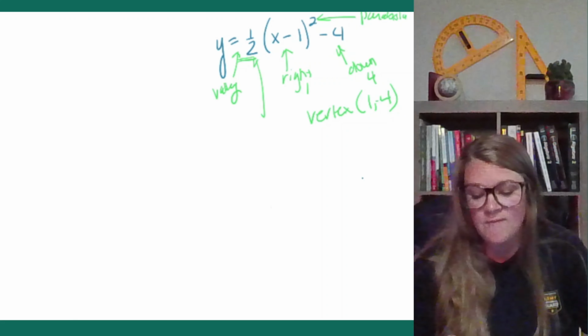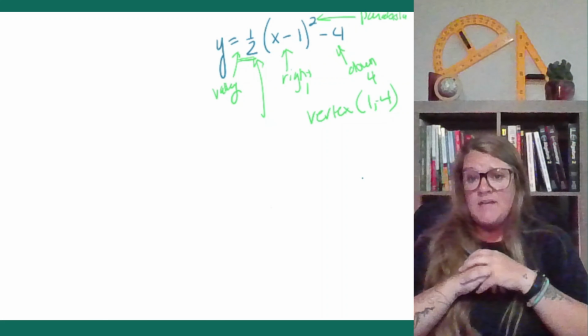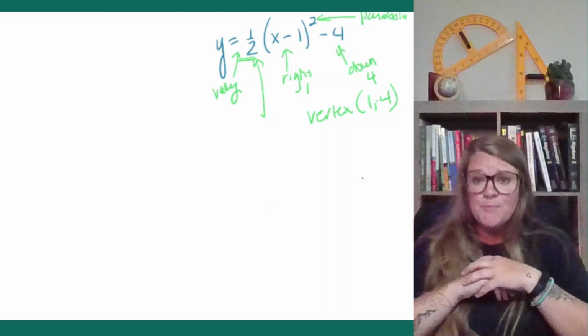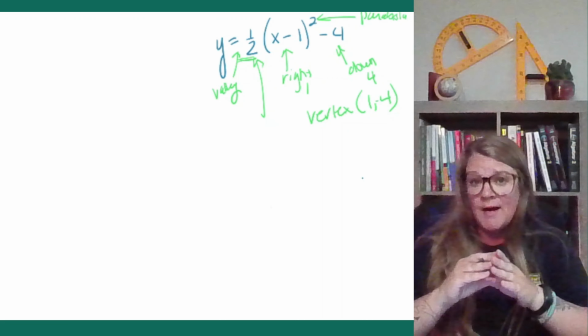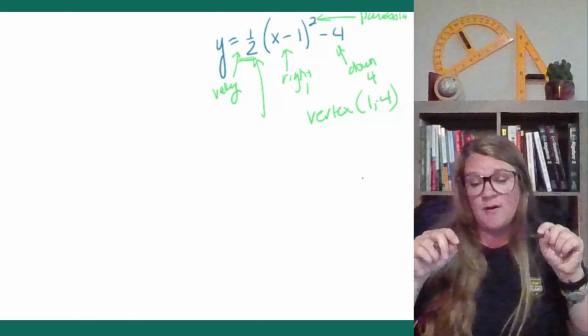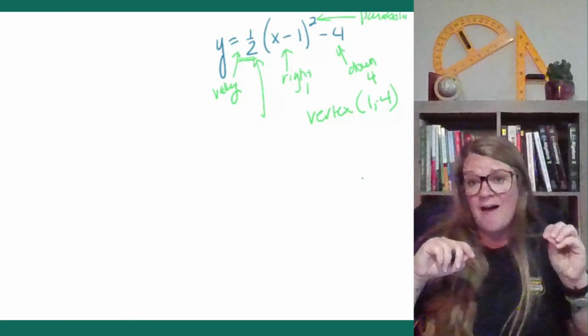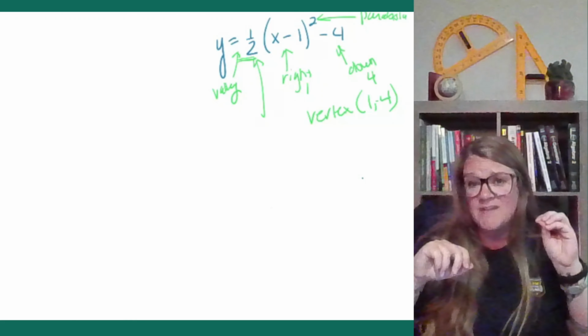And the 1/2 is the last thing that I like to think about. The 1/2 is making this parabola be a fatter parabola or a wider parabola than my parent function. It's not going to go up as fast as my parent function. Actually, it's going up at half the speed of my parent function. It's going up half as fast.